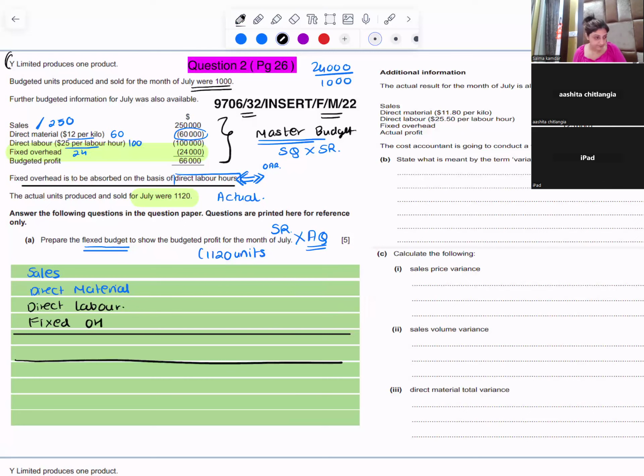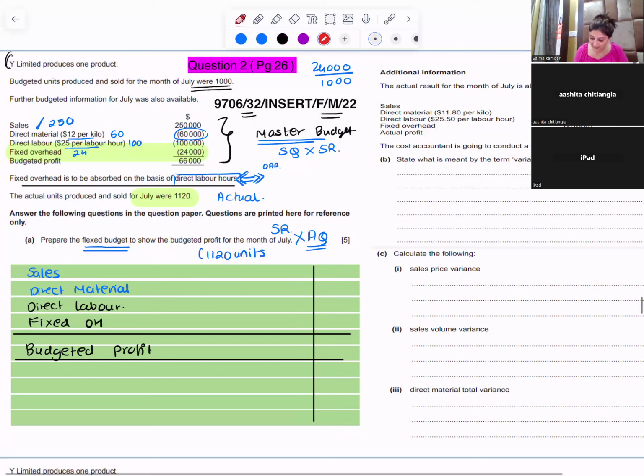Which profit? The flexed profit, the budgeted profit as per flex budget. Now you know when you're flexing the budget, everything will be for 1120 units.